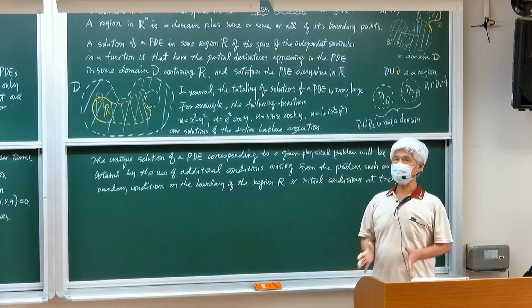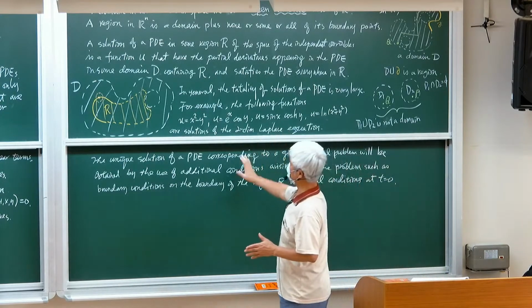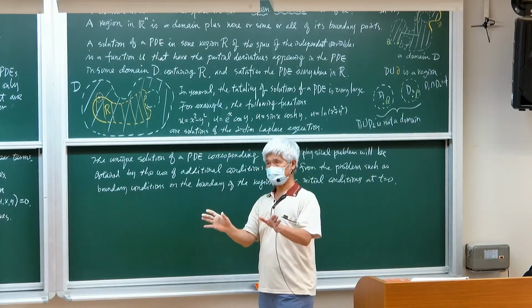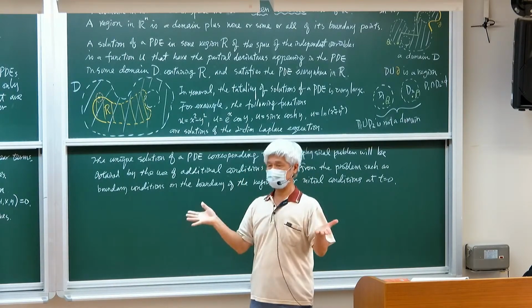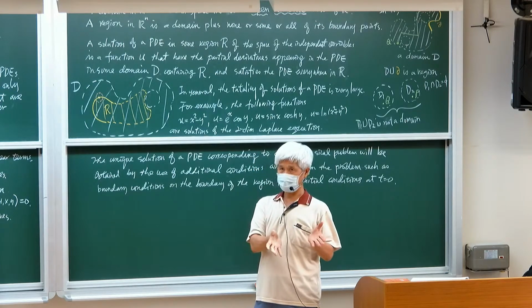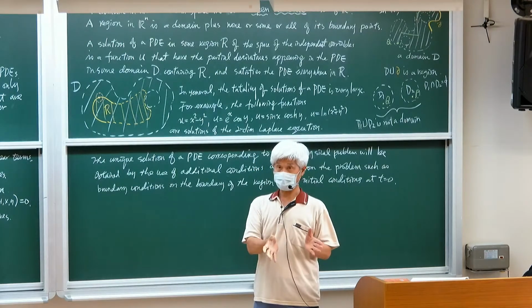So we will learn how to solve if we know that there are unique solutions. We try our best to find a solution. Why? Because if we find a solution, that should be the very solution you want.